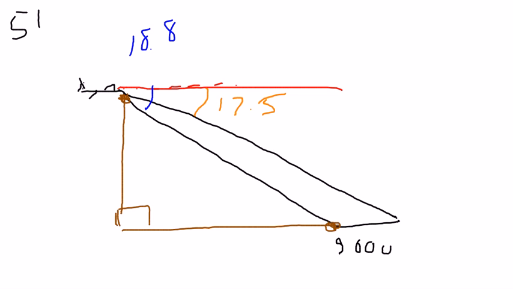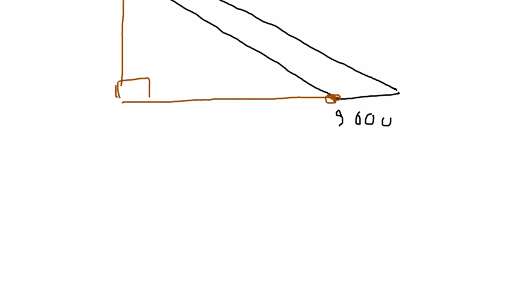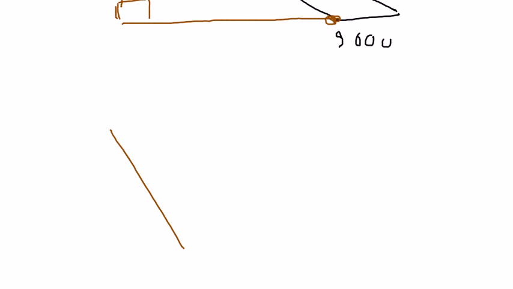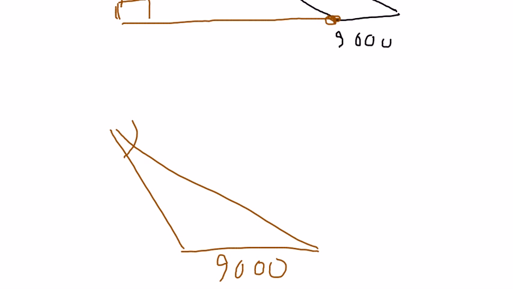Well, we need to take this little sliver of a triangle inside, and I'll just make it a little bit bigger down here, but it looks something like this, with 9,000 on the bottom, 18.8 here, and 17.5 here. Knowing those values, I can find this angle inside by just subtracting 18.8 minus 17.5, and I get 1.3 degrees.